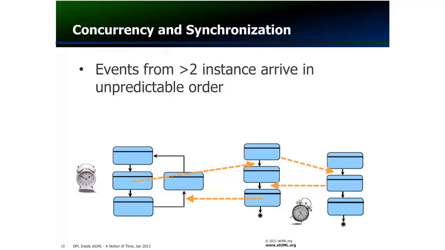However, when more than two instances become involved in the progression of an instance along its life cycle, greater care is required. In this example, I am showing three instances, where events arriving from classes on the outside are used to advance the life cycle of the central instance.